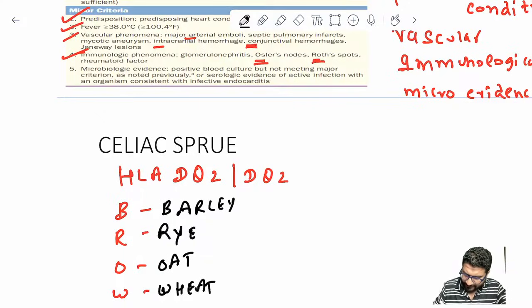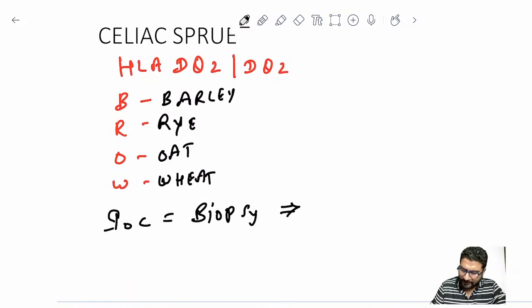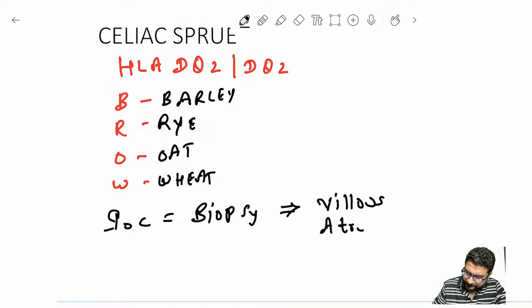And in biopsy, what you will find? क्या मिलेगा biopsy में? Anyone? You will find villus atrophy and crypt hyperplasia.